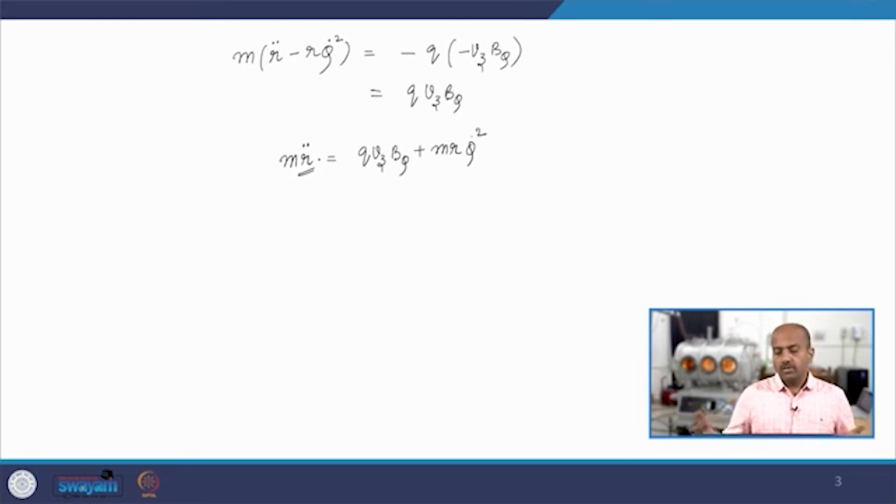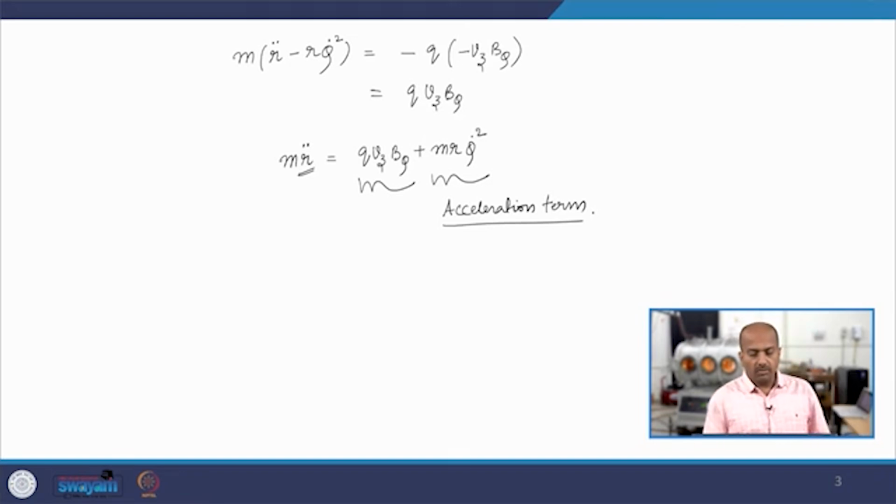So, what you have is the momentum equation: ma, the force, is equal to the sum of a component due to the magnetic field and a component along phi cap, right. So, this is the acceleration term. We understand this much, right.